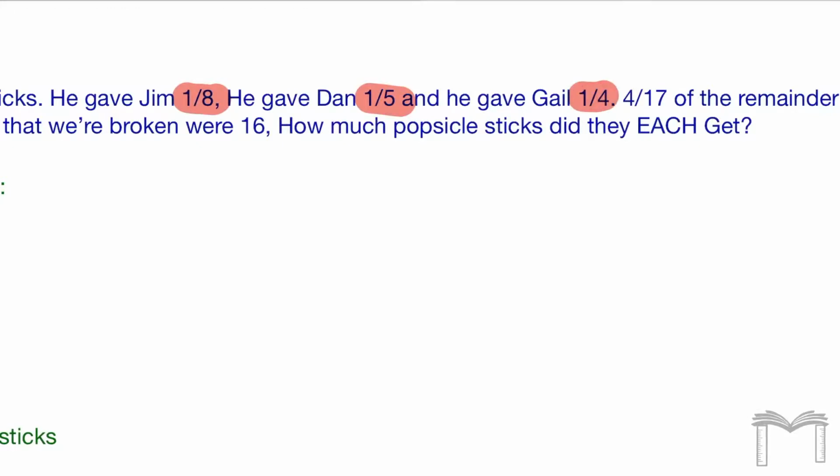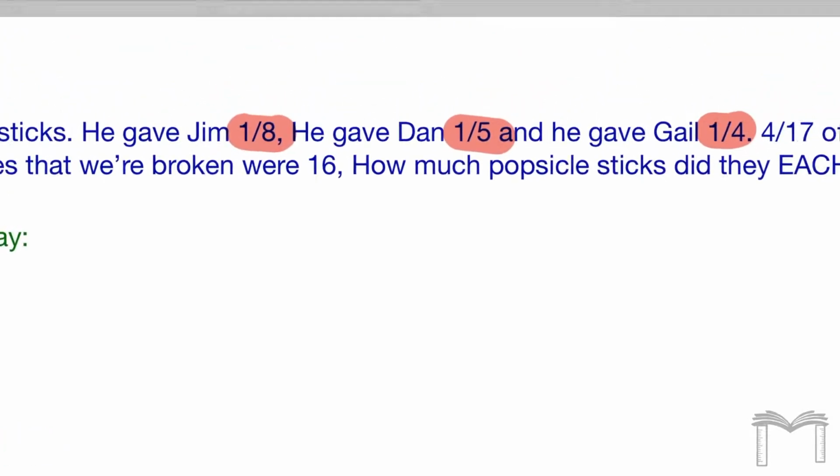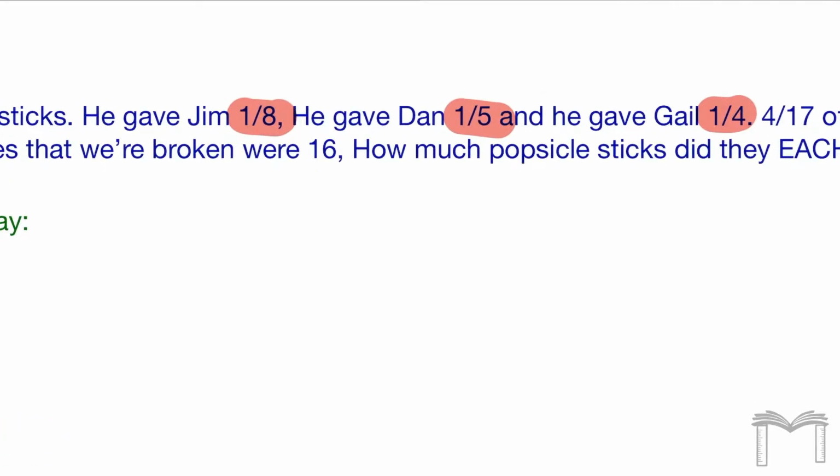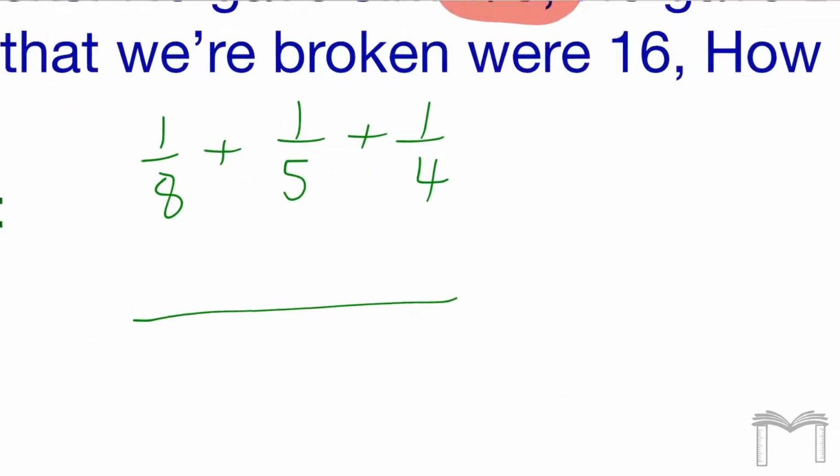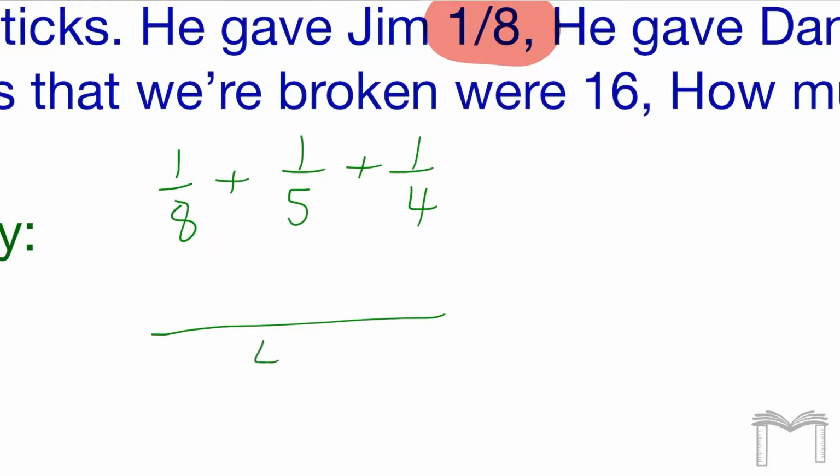So let's add those three fractions together: 1/8, 1/5, and 1/4. So we need to find the LCM of these numbers. From the tables we can know this.